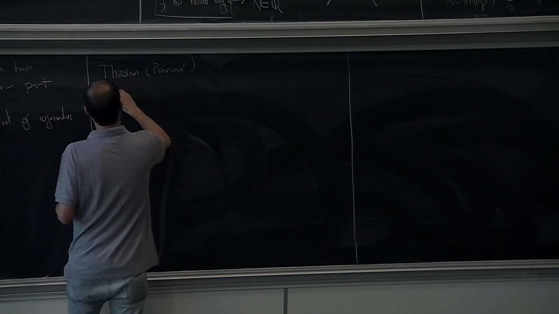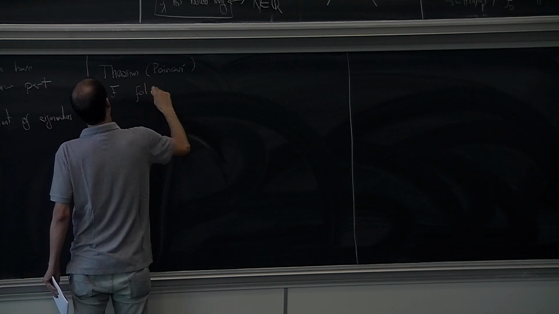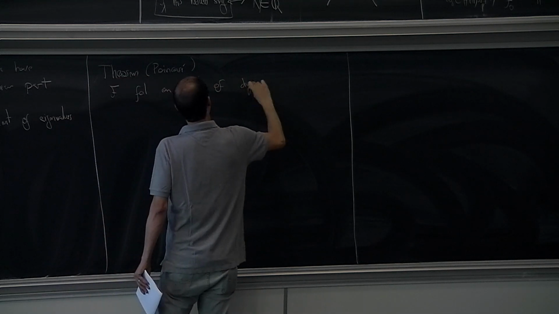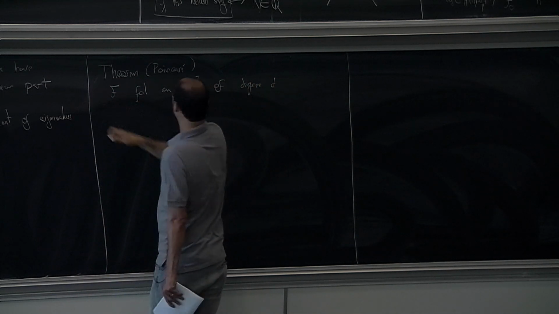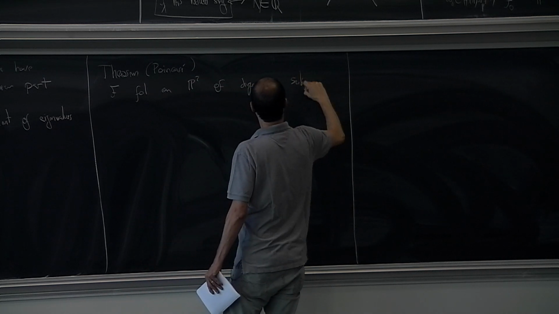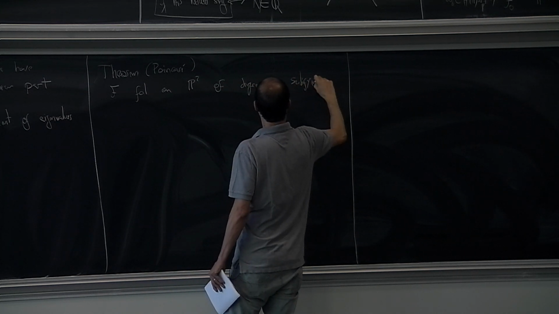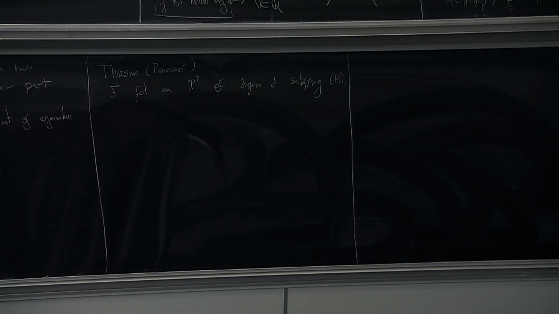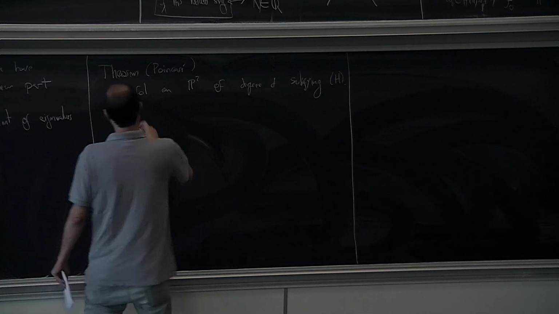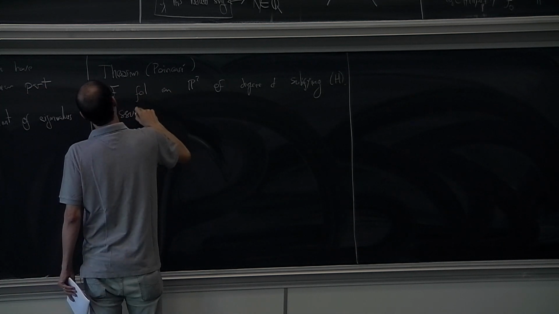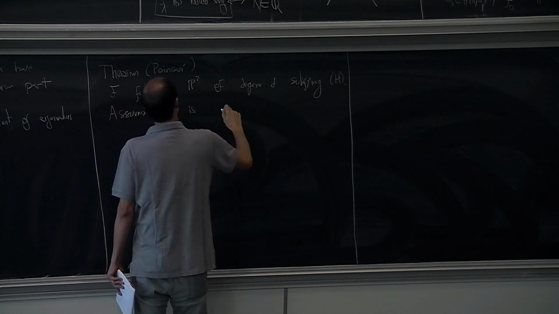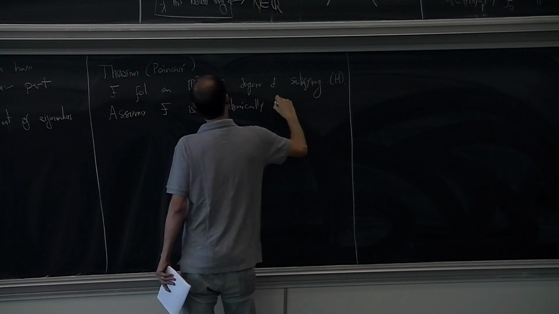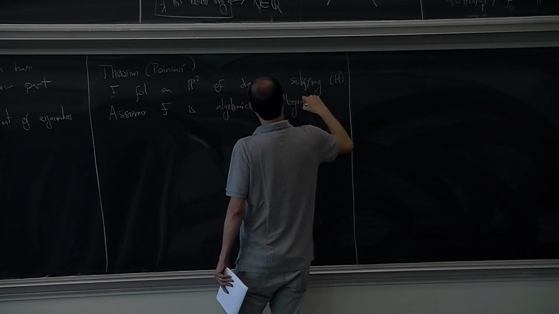Let F be a foliation on P2 of degree D satisfying H. Assume F is algebraically integrable. So every leaf is algebraic.